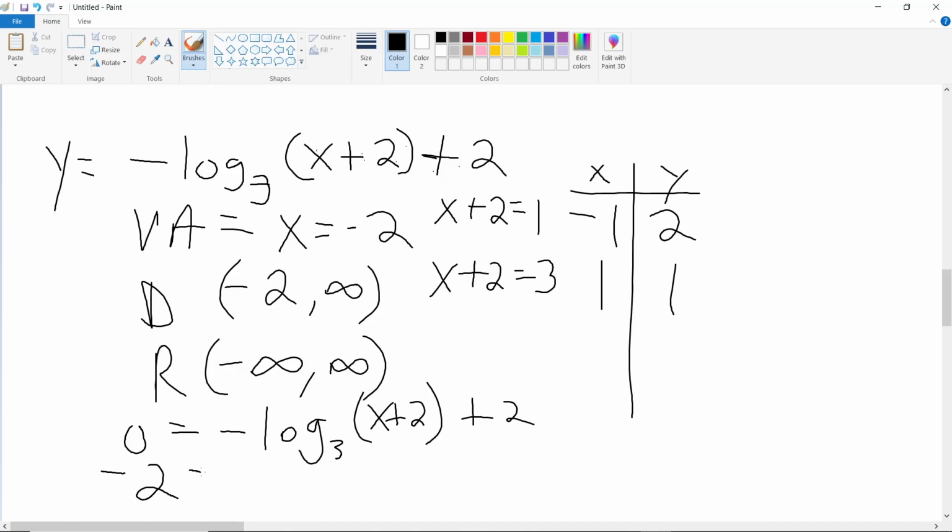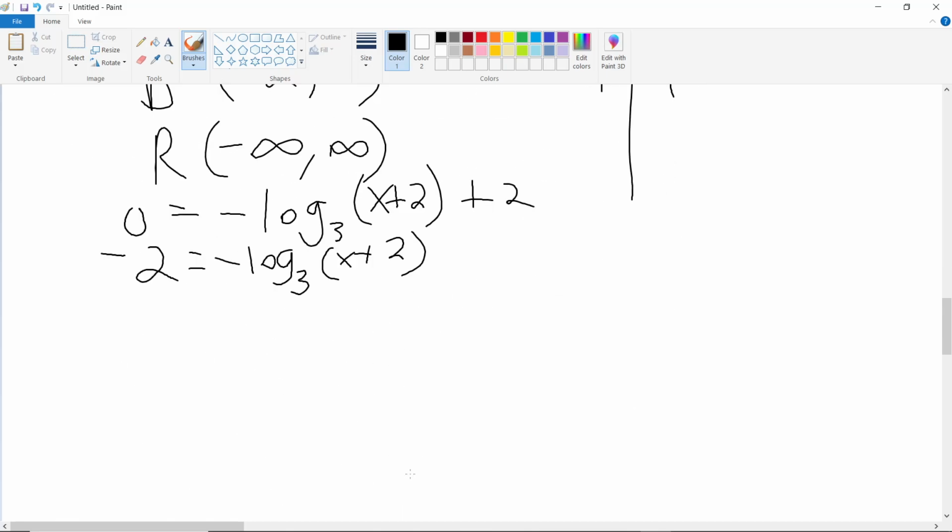Negative 2 equals negative log base 3 of x plus 2. Divide both sides by the negative. 2 equals log base 3 of x plus 2.